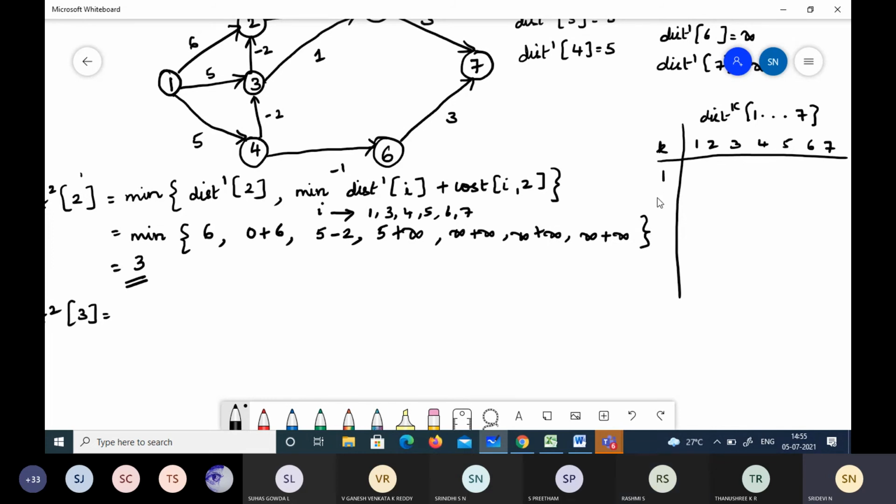That is what k is. So k is n minus 1 edges, where n is the number of vertices. From vertex 1 with a single edge, this is what the table was. Next, we calculated this, and now we are doing this. Likewise, we have to fill the whole table. Got it? I'll tell you the shortcut in the next class. Just do 2 to 3 and tell me the answer, then we can wind up the class.